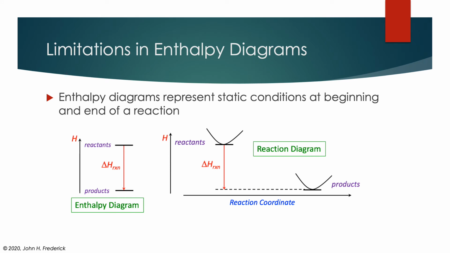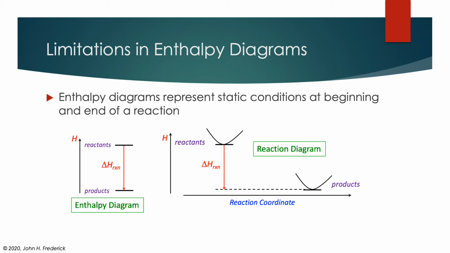What we've drawn here is an added coordinate in the horizontal direction that we have euphemistically called a reaction coordinate. We show the reactants on the upper left and the products on the lower right. Now, a key ingredient that's been added here is we show both the reactants and the products as being, if you will, in the middle of a valley. That's important because we know from most chemical reactions the reactants are actually pretty stable until they react, and the products, when they're formed, are pretty stable also.